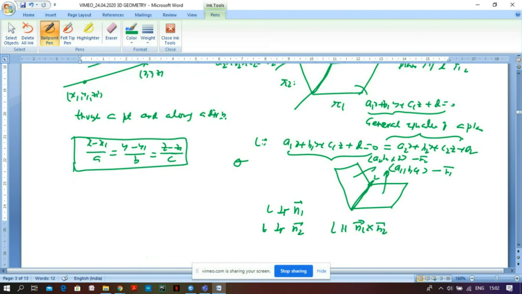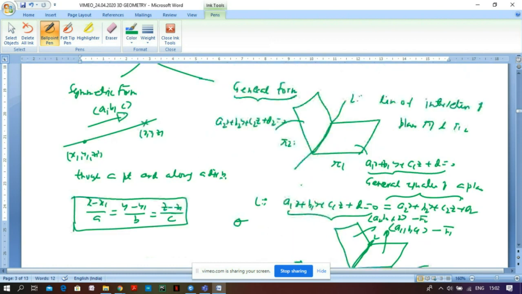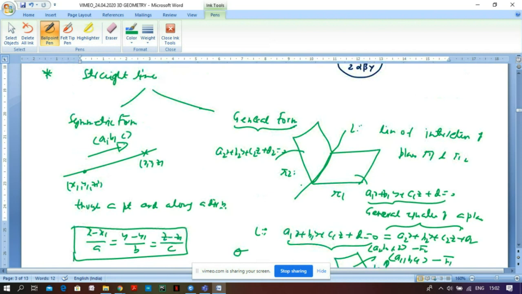That way we first find the direction ratios, and then we can find one more point by, say, choosing z equal to 0, and we can create one more point. So that is how we find the equation of a line in symmetrical form, converting from general form, which we will be doing in some problems. That will come later. Right now, suffice it to say that a straight line has two forms, symmetric form and general form.